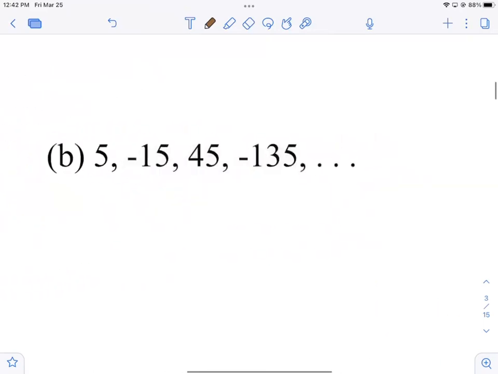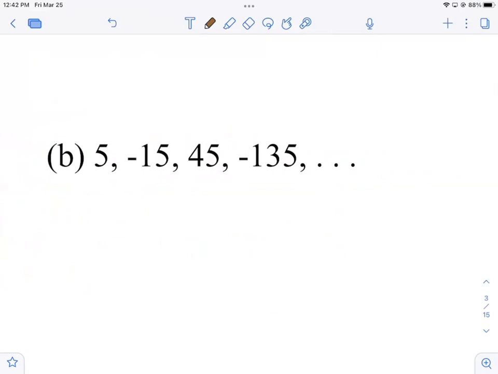All right, how about this fella? First of all, converge or diverge? The sequence diverges, right? Because it's oscillating, looks like. Yeah, okay. So what do we got here? Let's see. If I go from 5 to negative 15, I'm subtracting 20. Does that work for the next term?